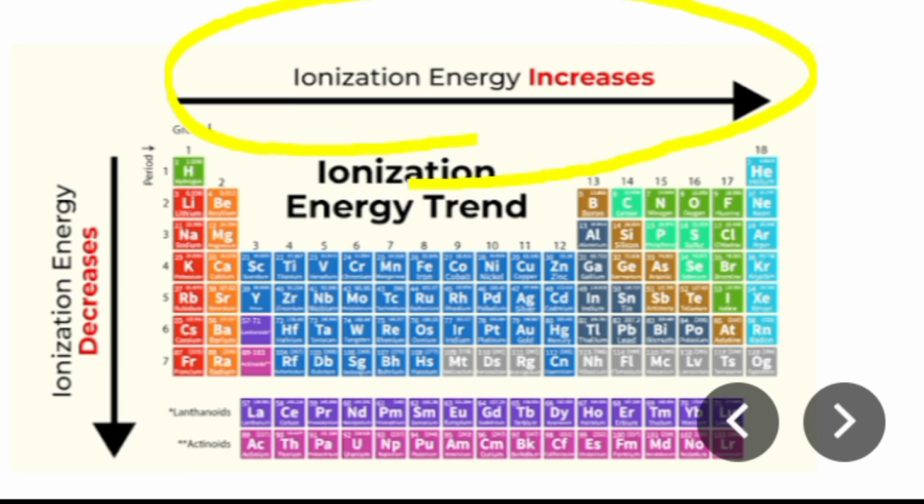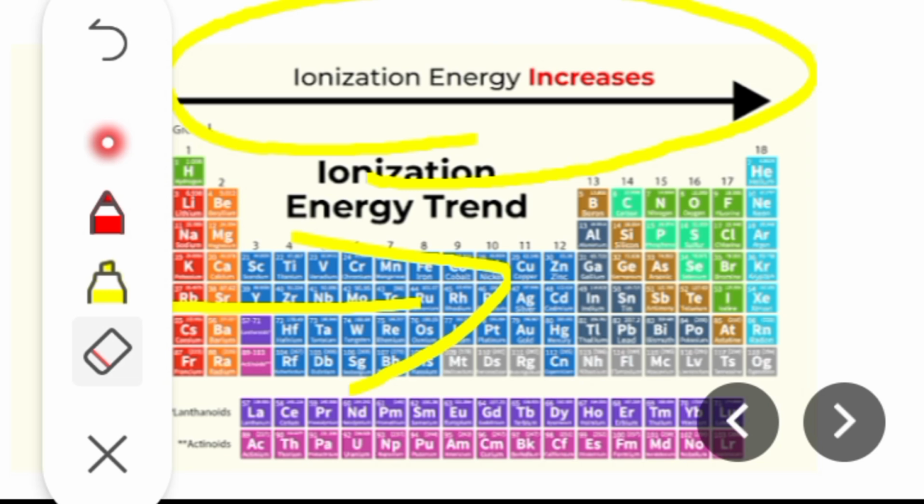If the ionization energy increases as you go across the period, the reactivity of metals will also increase. So it is a directly proportional relationship between ionization energy and reactivity. The increase in ionization energy means an increase in reactivity.